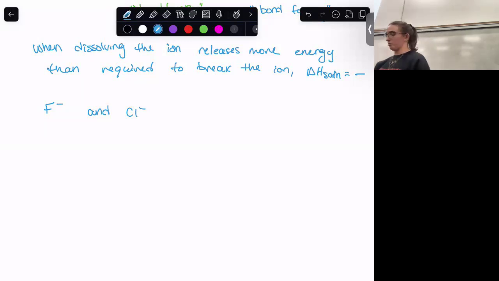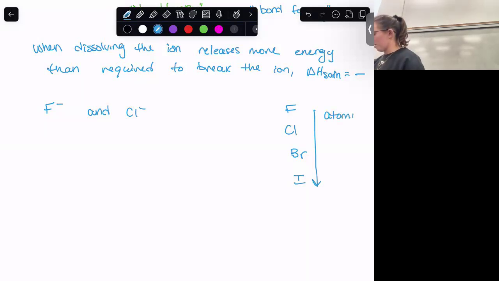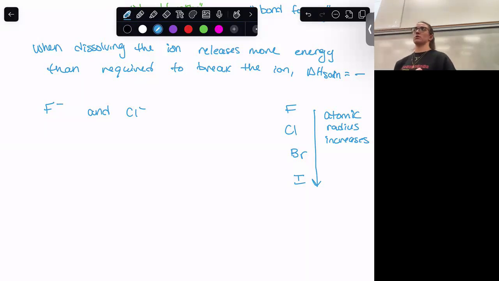More electronegative, what else is it? If we're going to look at the periodic table, right, we have fluorine and then chlorine, bromine and iodine. What do we know about atomic radius as we go across or down the periodic table? It gets bigger, right? So if we're looking at fluorine and chlorine, why is fluorine going to have the more negative delta H?